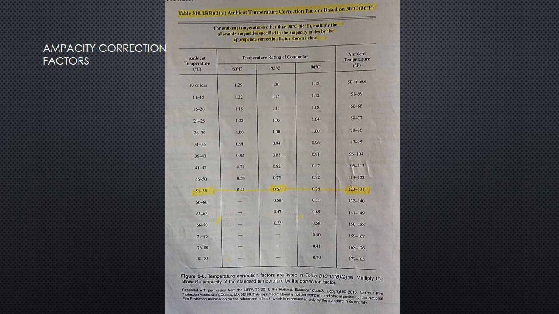Ampacity correction factors. The allowable ampacities listed in tables 310.15(B)(16) through 310.15(B)(19) are only applicable for a specific number of conductors. One conductor in tables 310.15(B)(17) and 310.15(B)(19). 3 conductors or less in the other 2 tables.